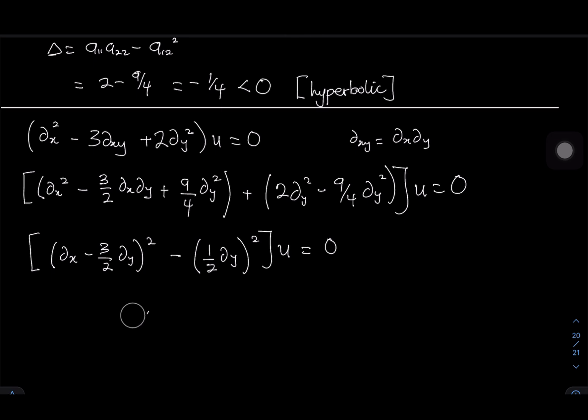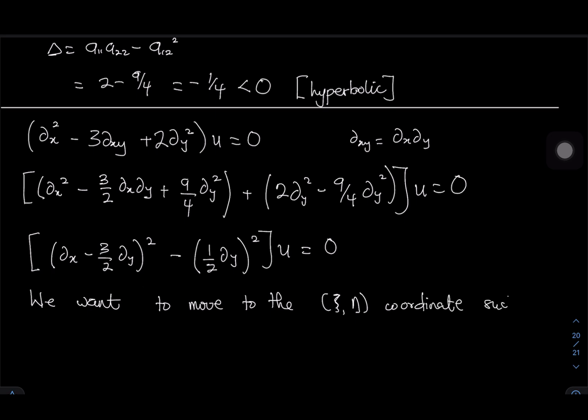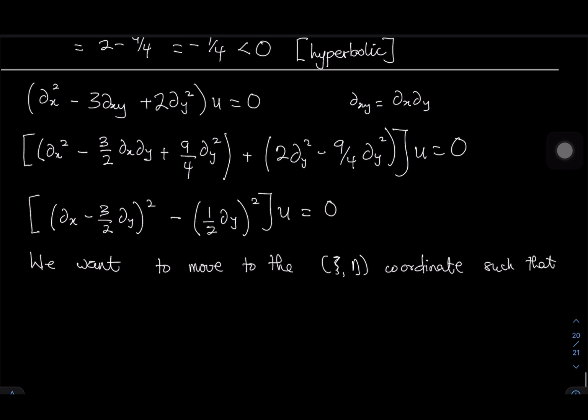So what we are going to do is move from the xy coordinates to the xi eta coordinates, such that del xi squared minus del eta squared of u equals 0. And once we have that, we are done.